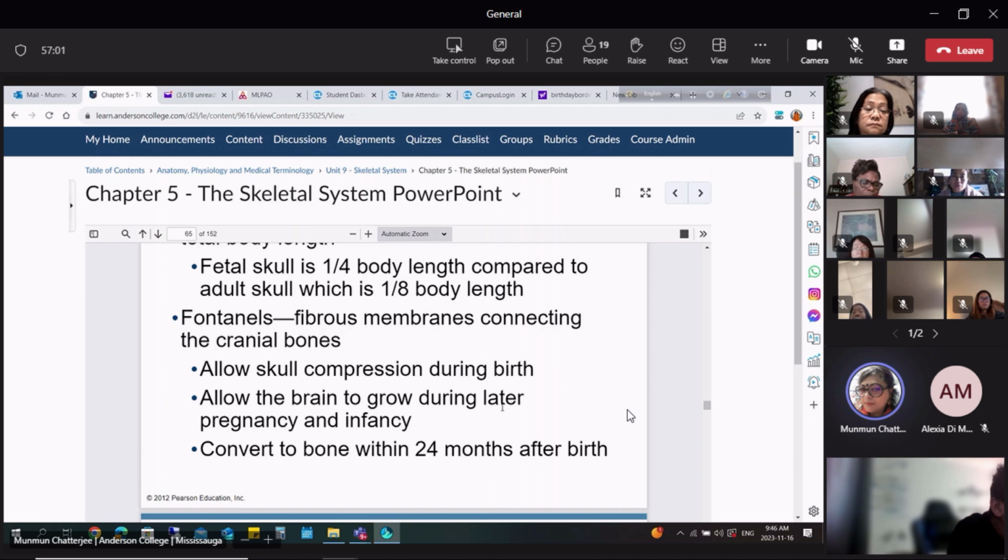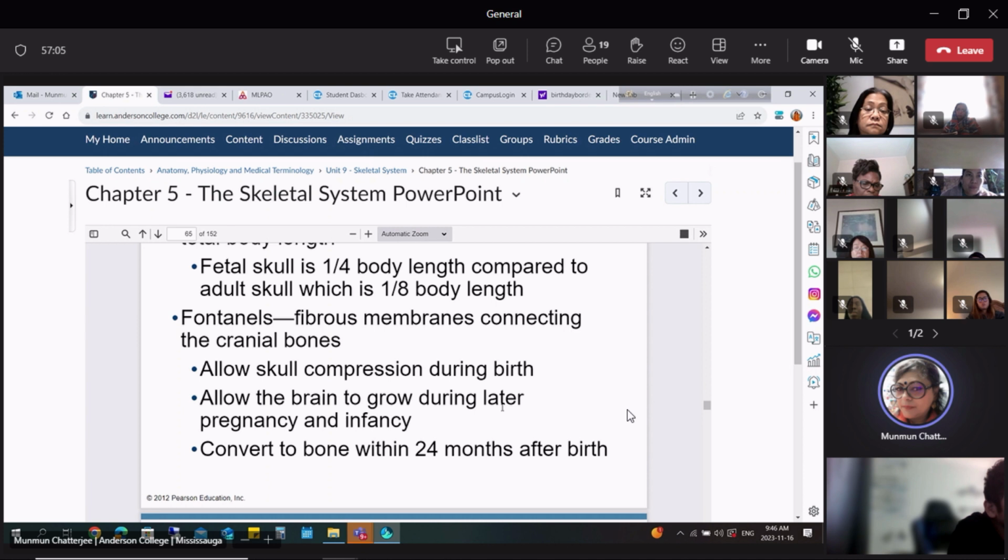If the baby gets hurt, there is a chance it can immediately affect the brain. This is the time kids fall down, either from the bed or during play, and their head gets hurt. So it's very important that the baby doesn't get hurt in the skull region.